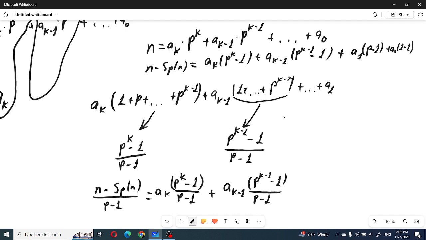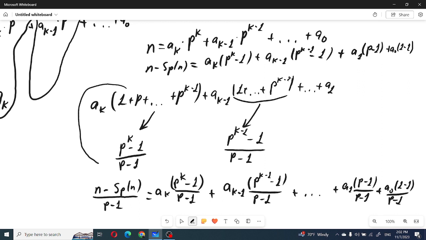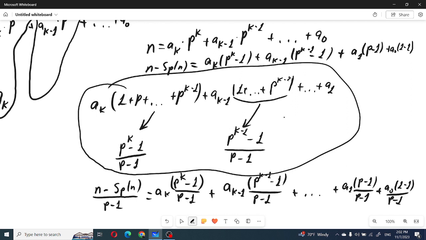The last ones will be a1 times (p minus 1) over (p minus 1), and a0 times (1 minus 1) over (p minus 1). Clearly these two things are the same. This one equals what we get here. So we have proved Legendre's formula about the number of powers of p which divide n factorial.